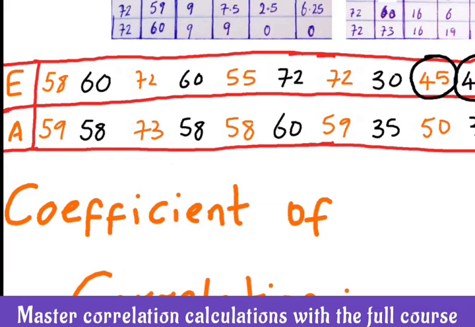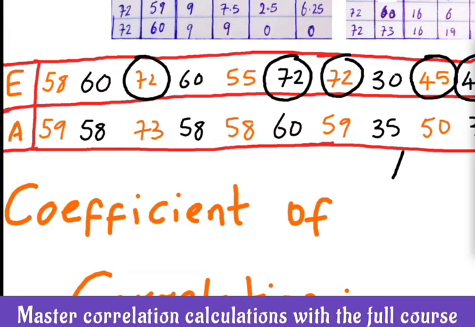72. Okay, now look at the same economics, we have 72, 72, 72. So you can see that in this case a particular rank will be repeated more than twice. Now the rank associated with 45 will be different from the rank associated with 72. So for every given score whereby the rank is repeated more than twice, don't use that first formula.